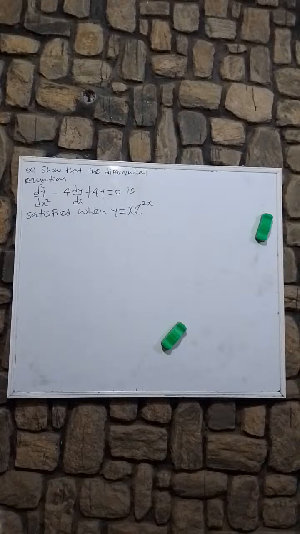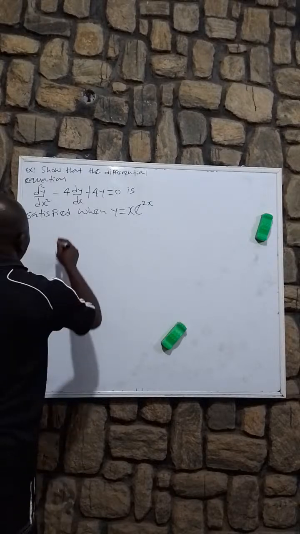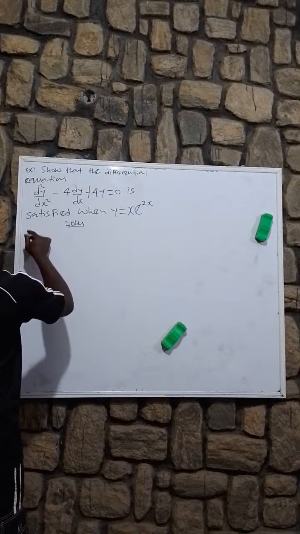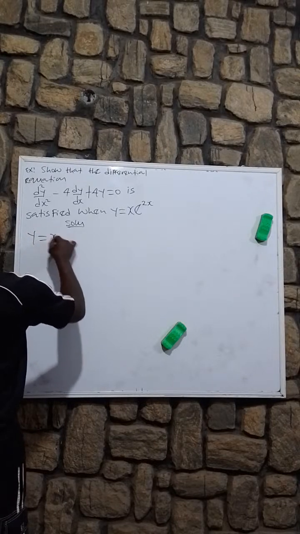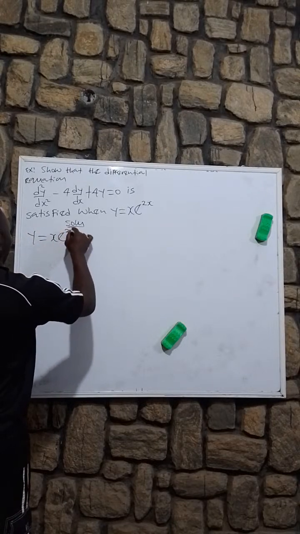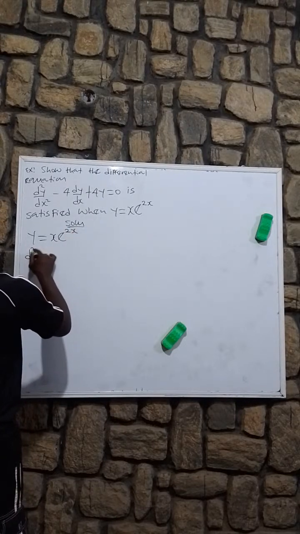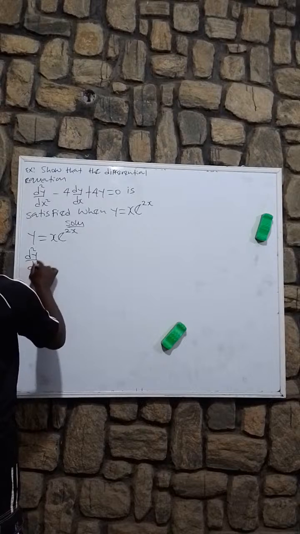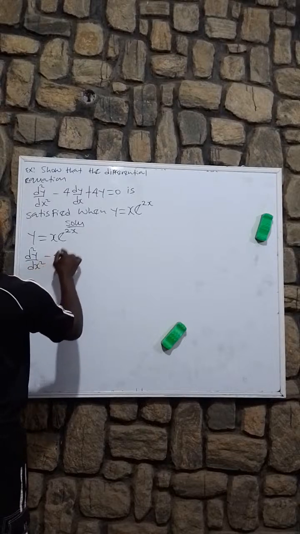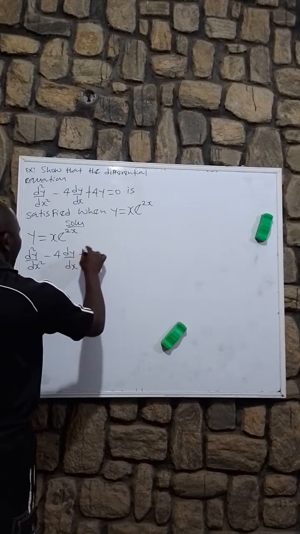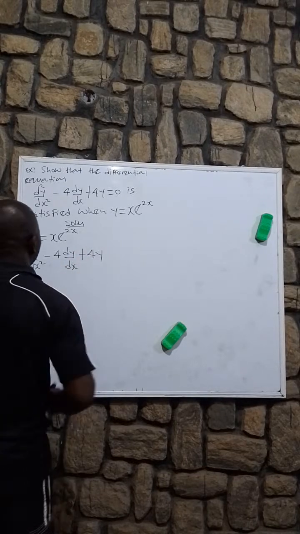Okay, so we are going to approach this one the same way we did the first one. y equals x exponential 2x. The differential equation is d²y/dx² minus 4 dy/dx plus 4y.